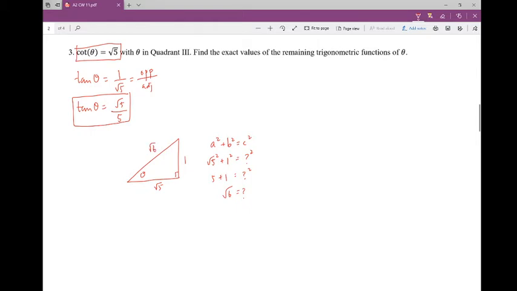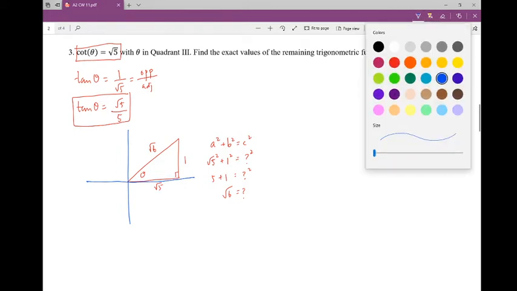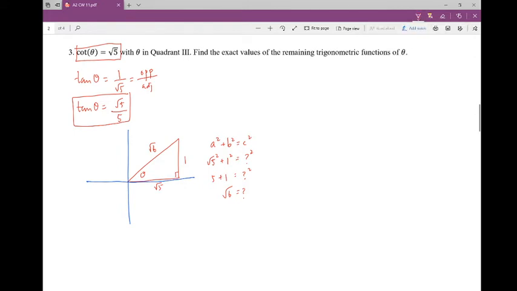Now, as mentioned in the video, you can get the same value, however, using a different triangle on a coordinate plane. Because tangent of theta, as long as it is positive, we're okay with that. So this value here doesn't have to be positive.